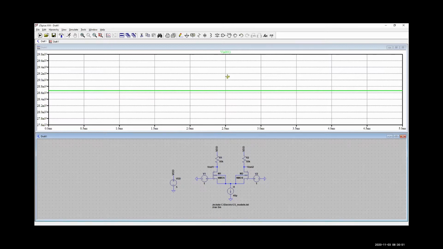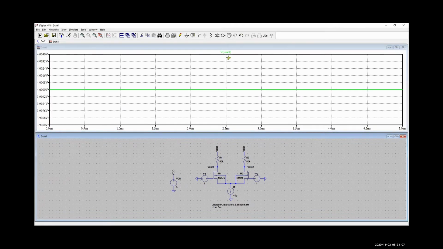So we see that our source voltage, VSS, has changed, which makes perfect sense because, again, it's just going to adapt to whatever it needs to be. Let's look now at our output voltage. Well, it's still exactly 4 volts for Vout1, and it's still exactly 4 volts for Vout2. And the reason is because we have a balanced system, right?